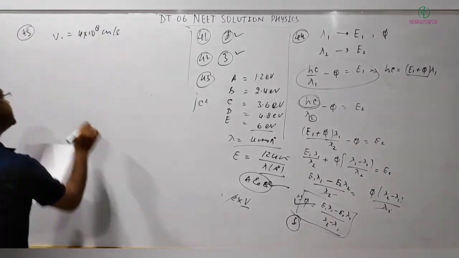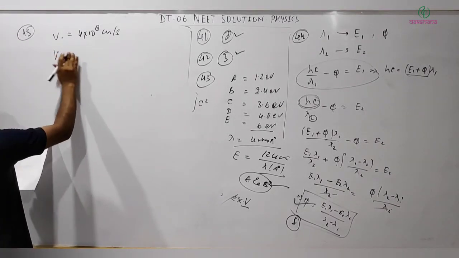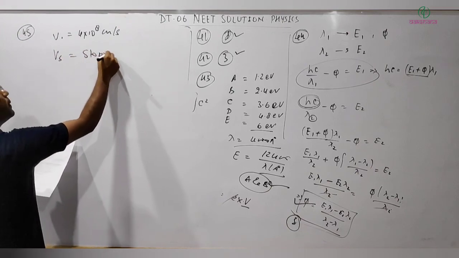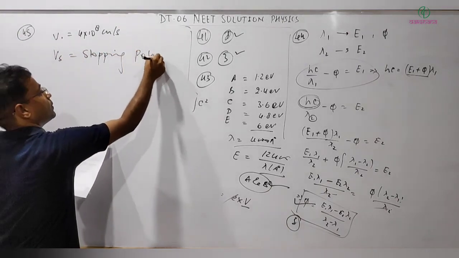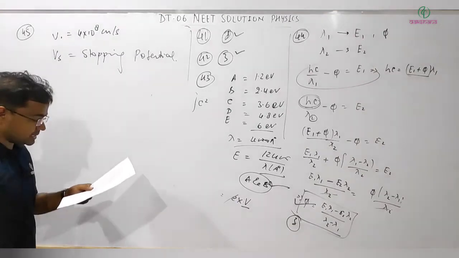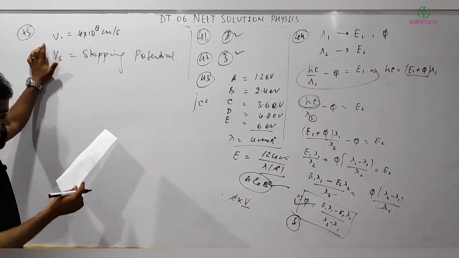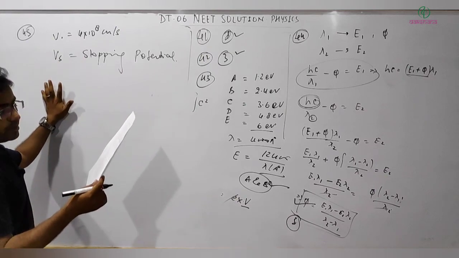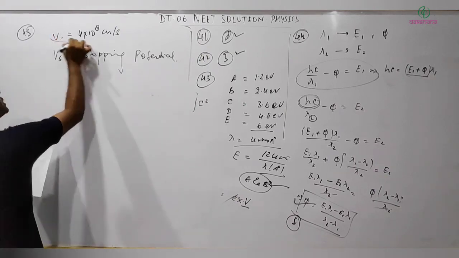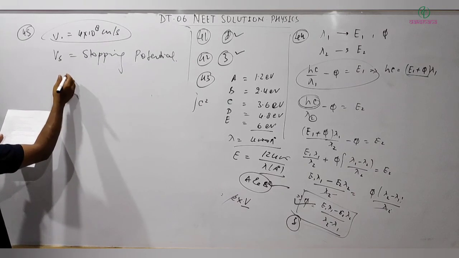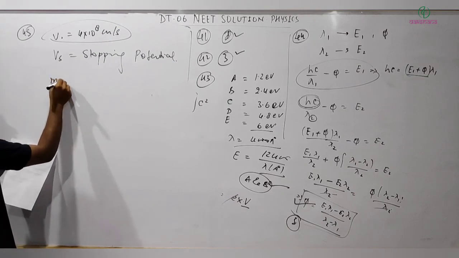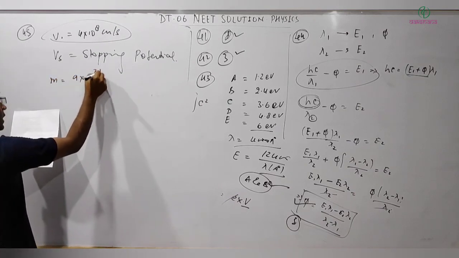The mass of the electron is also given. Mass of electron is 9 into 10 to the power minus 31 kg.